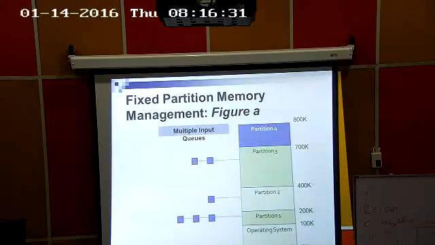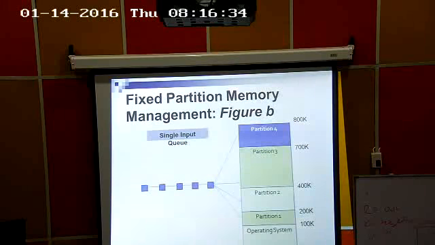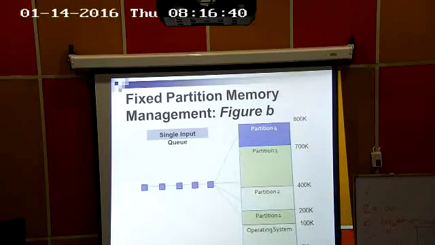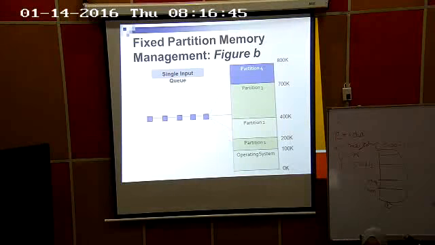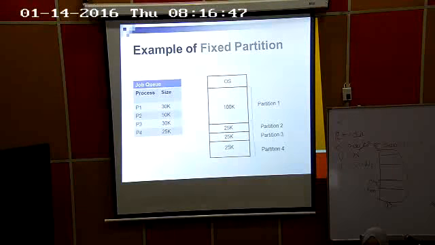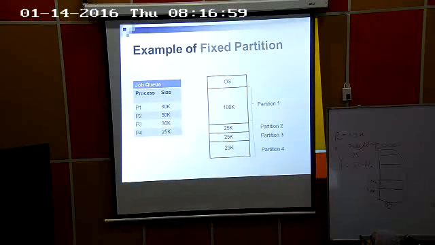For a single queue, previously it was multiple queues, it will divide itself into all the partitions. That is fixed partition. Example of fixed partition: we have 4 processes with different sizes, and the partitions are also different sizes.